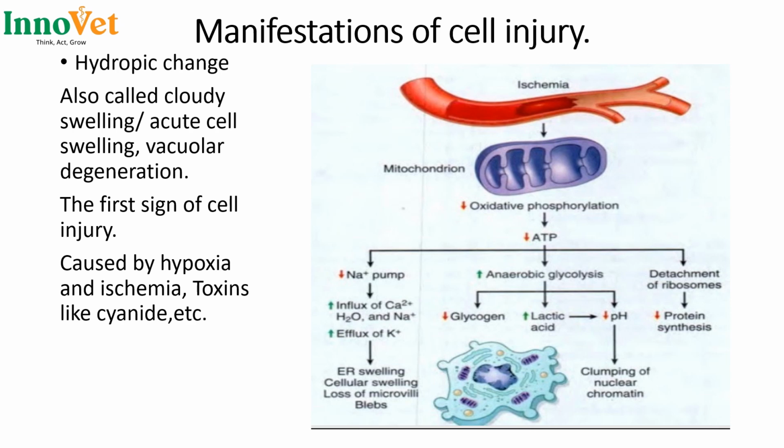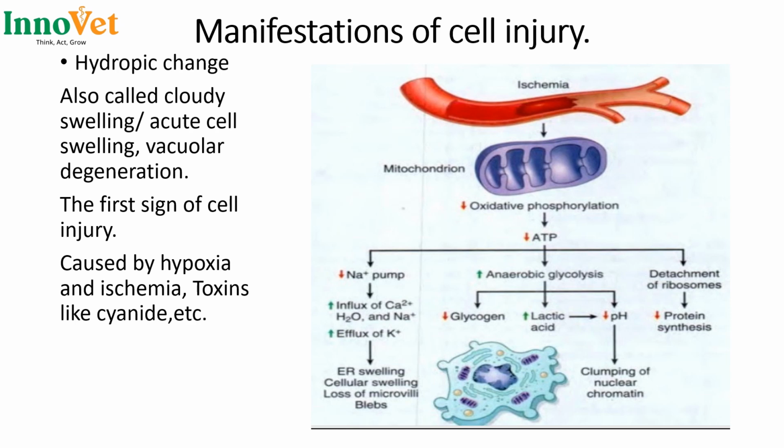So, manifestations of cell injury. We have hydropic change and fatty change. Hydropic change, some literatures also call it cloudy swelling, acute cell swelling, vacuolar degeneration, and some separate them, but cloudy swelling and acute cell swelling will always be the same.